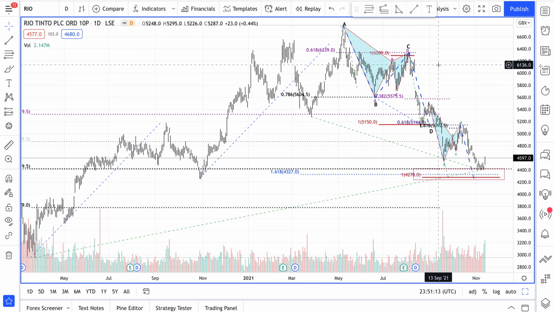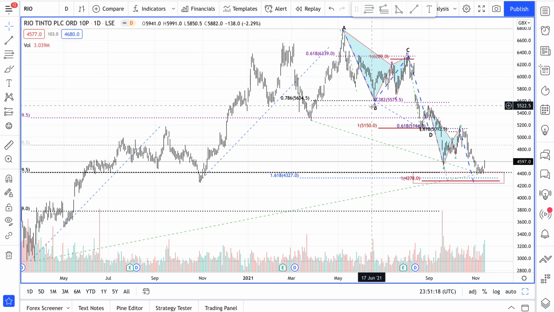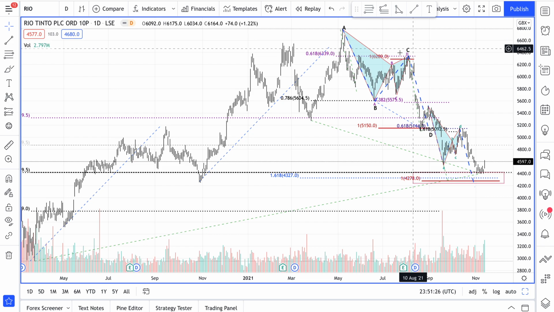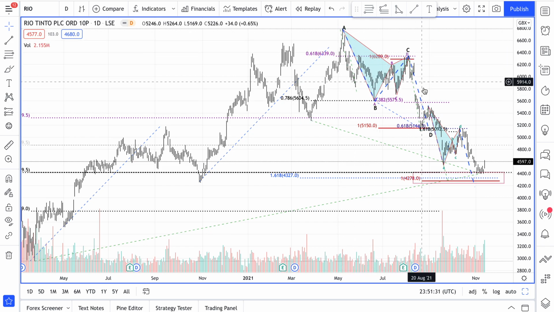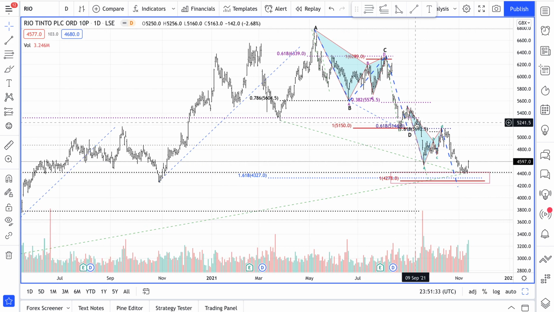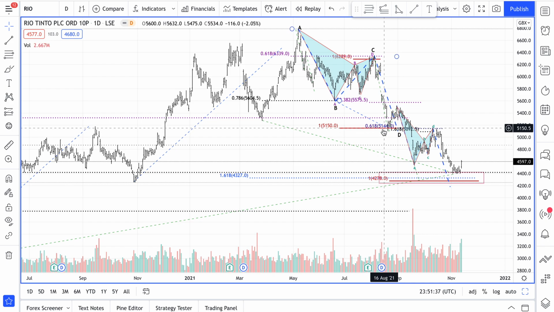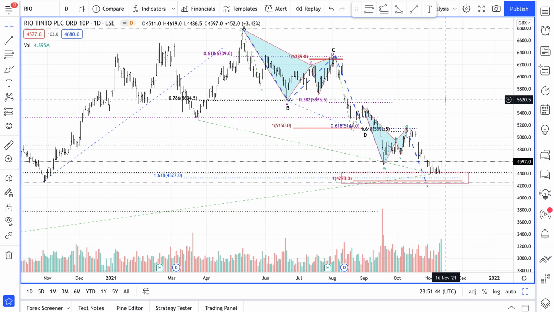One thing we have found is that this move over here, represented as line segment A, B, C, D, is a one-to-one projection of this swing lower projected from point C. Then it found a temporary bottom here, consolidated for some time, tried to move higher, and honestly didn't get anywhere.